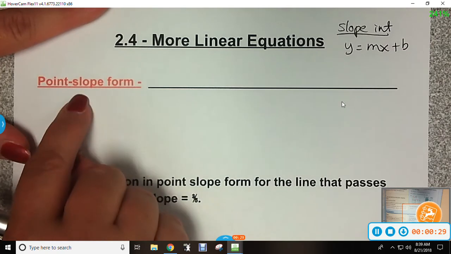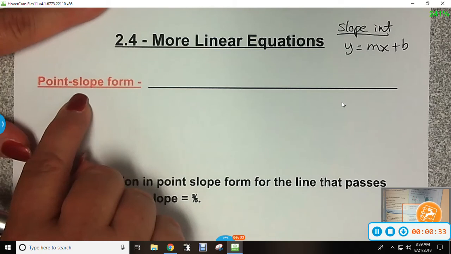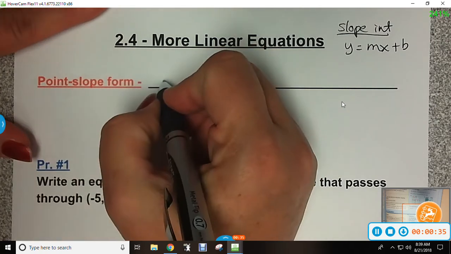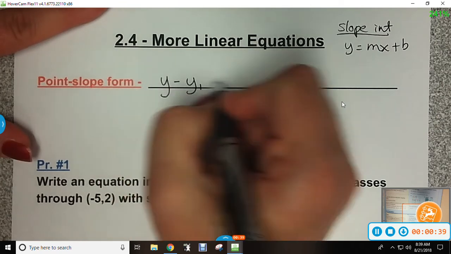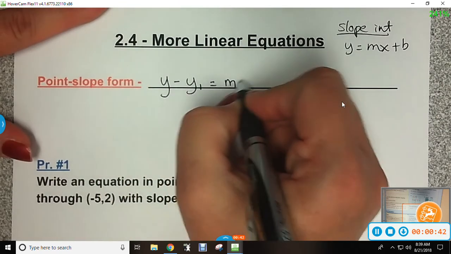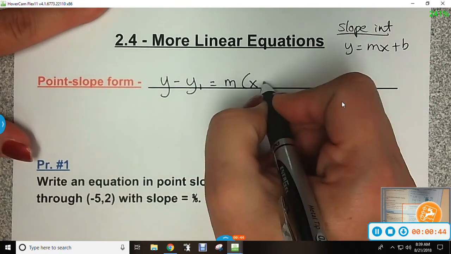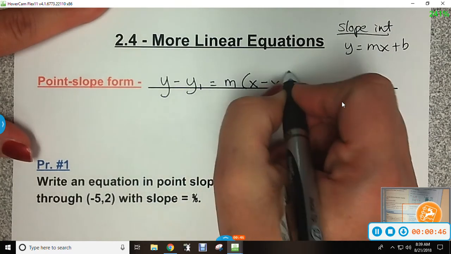Today we're going to talk about point-slope form. Here is your point-slope form of the equation. It is y minus y sub 1 equals m times x minus x sub 1.